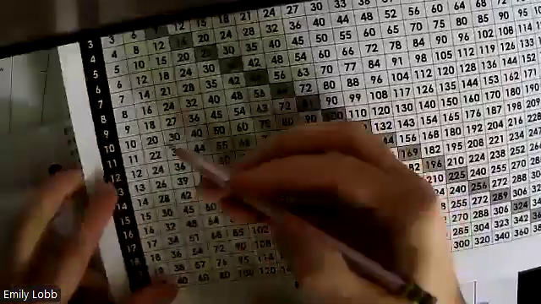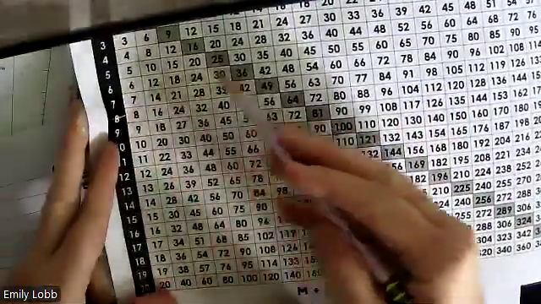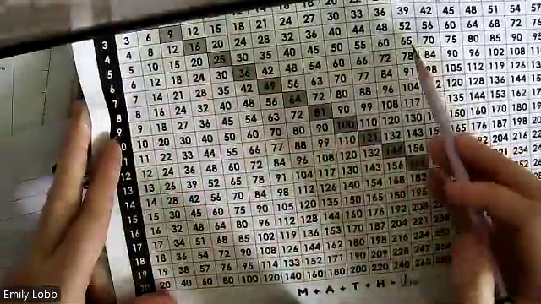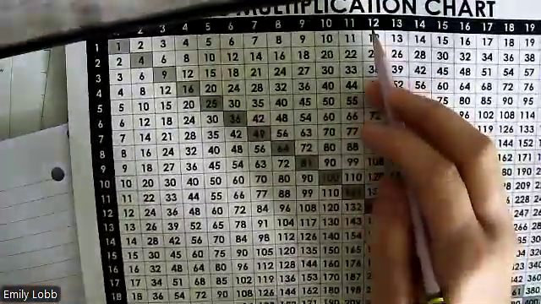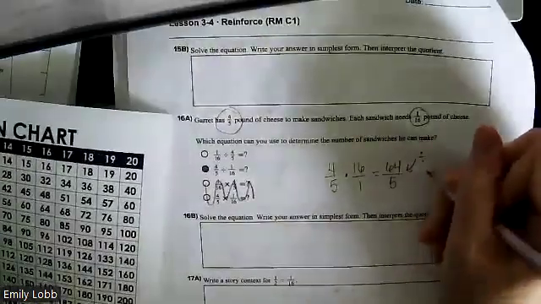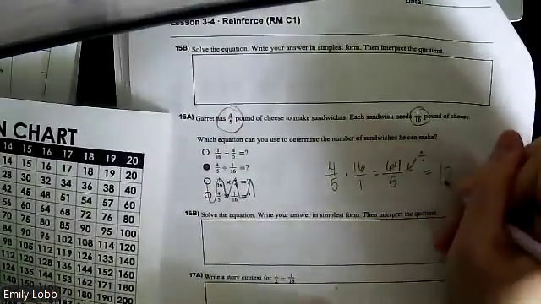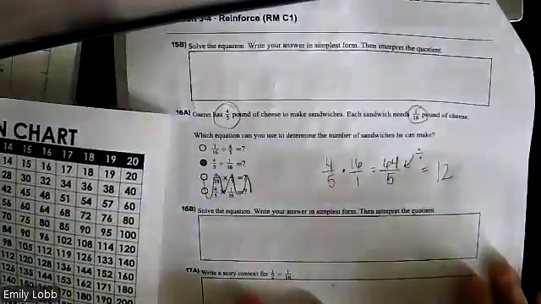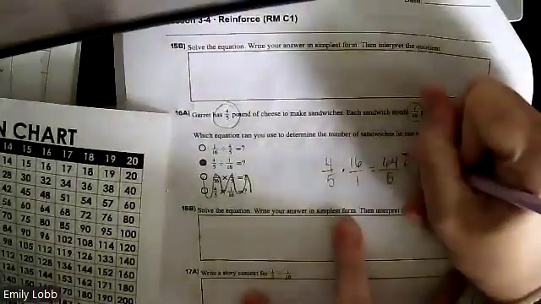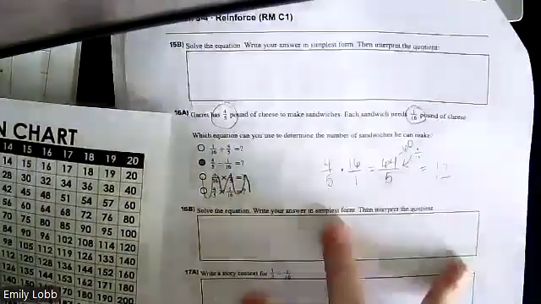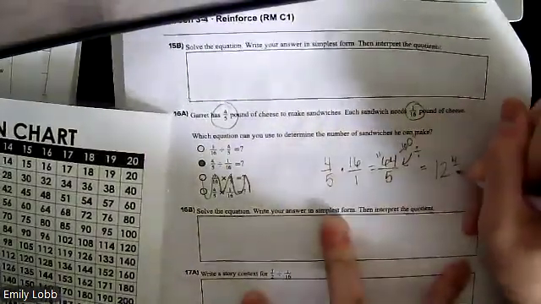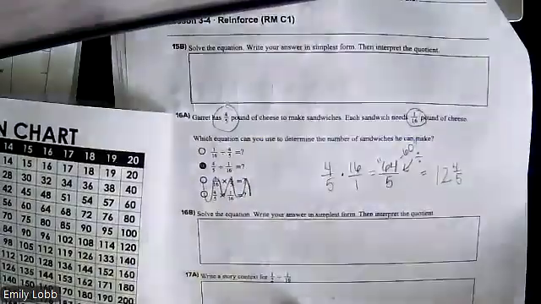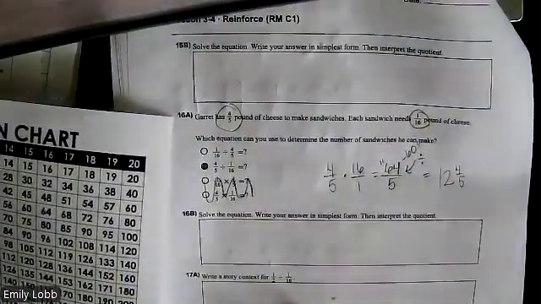So if I follow my 5s until I get close to 60 without going over, so not 65, my whole number is 12. What would 12 groups of 5 be? What's 12 times 5? 60. So how many would I have remaining? Remember, I'm thinking 64 minus 60, so I have 4/5. That's as simplified as it gets, right?